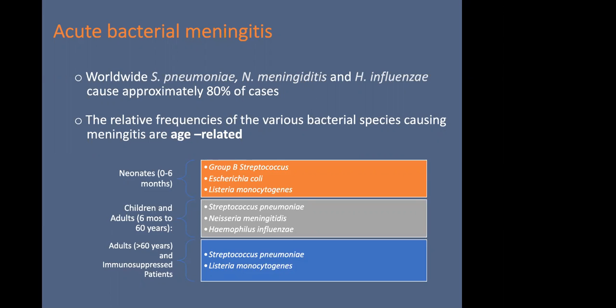For newborns or neonates, 0 to 6 months, group B strep, E. coli, and Listeria monocytogenes are the most common. Listeria again is common in the older age group. Strep pneumonia is common in children and adults as well as in the older adults.